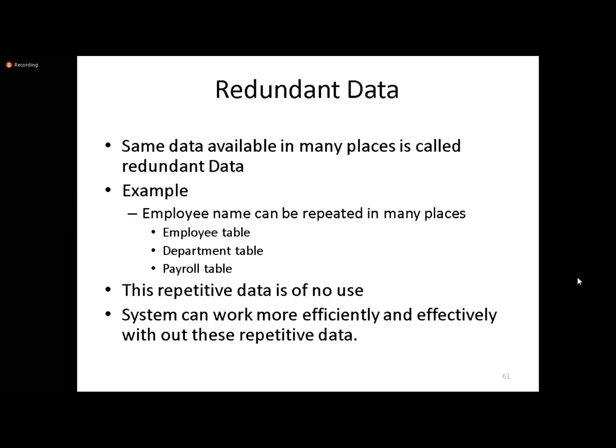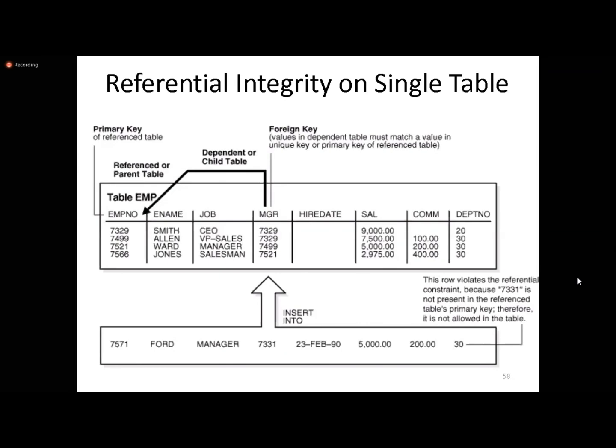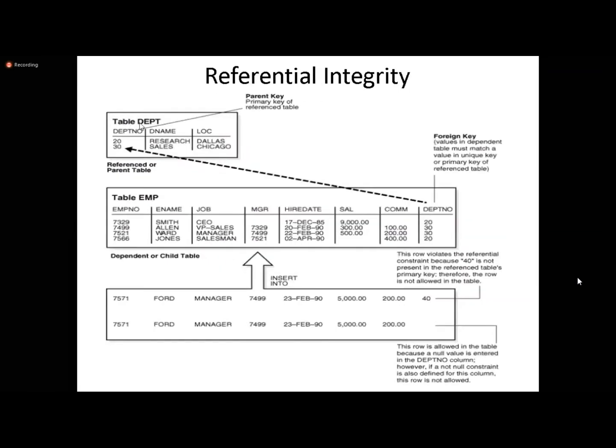If you take the same example of this referential integrity thing, we have a department table. Here the department name is stored under D name. It is not going to be stored again in the employee table.